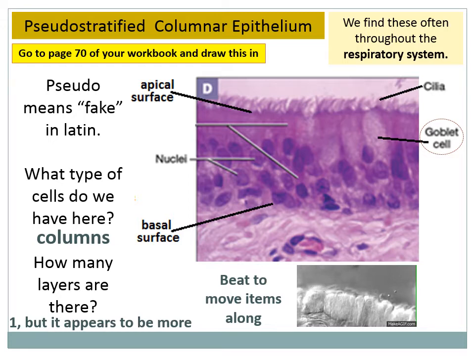And essentially what they do is they beat upwards to remove phlegm and things like that. So you'll feel phlegm in the back of your throat. That's because of the cilia that have been getting all the garbage out of your trachea and out of your lungs. So you can thank your cilia on your pseudostratified columnar epithelium for giving you that nice phlegm.